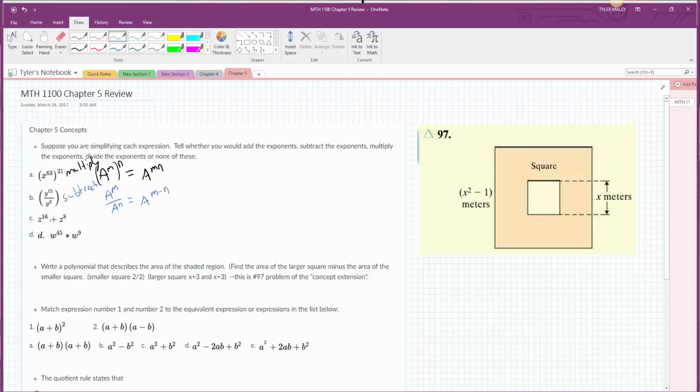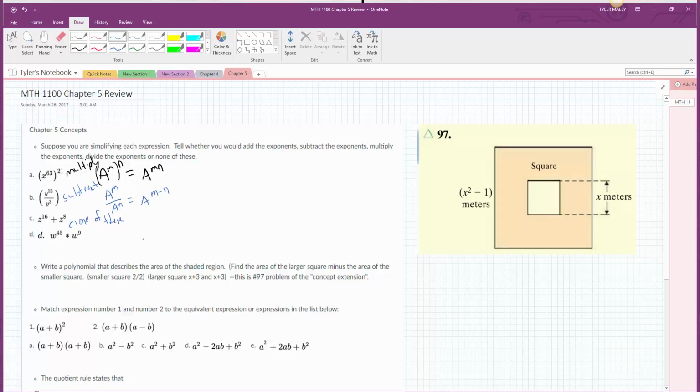Part c, we have z to the 16 plus z to the 8. This would be none of these, right? When we're adding things with different exponents, these are just unlike terms, so there's nothing we can do here. Then part d, I'm multiplying, right?